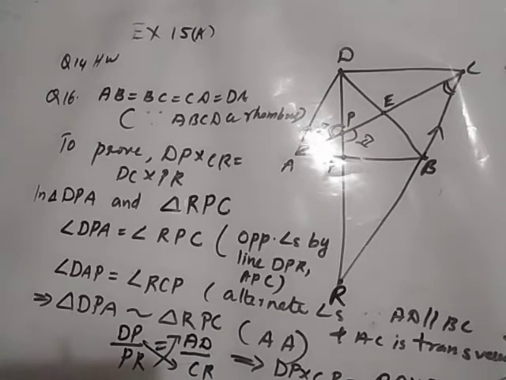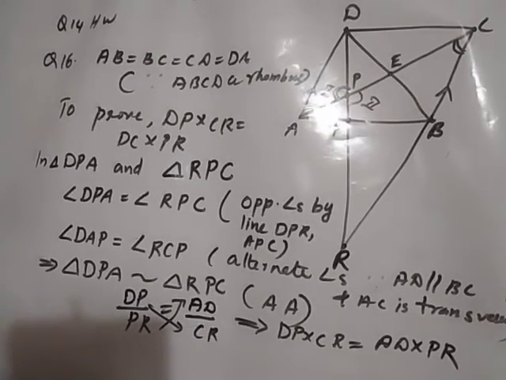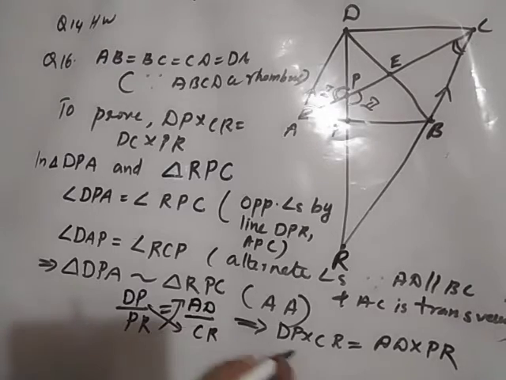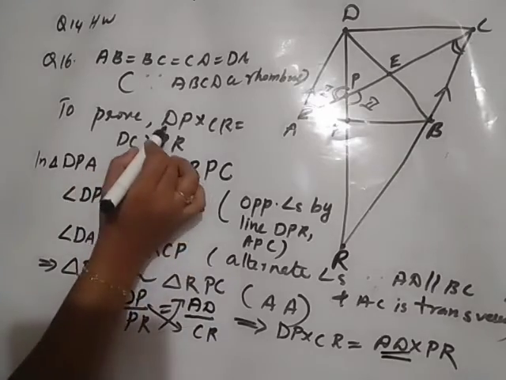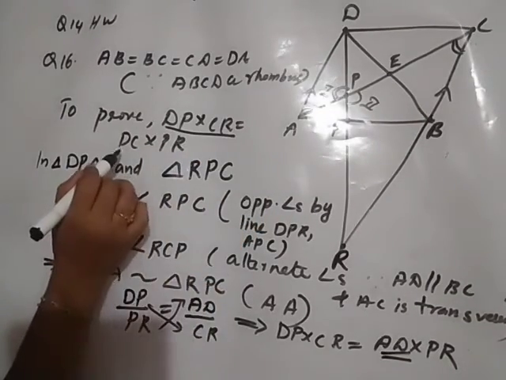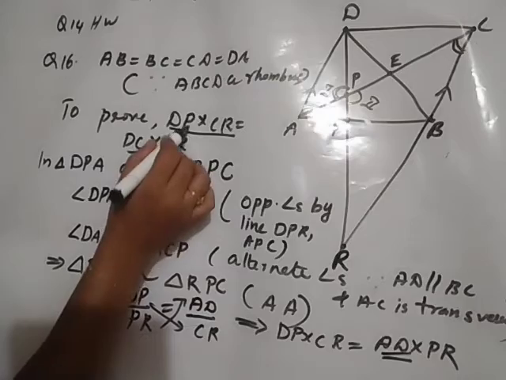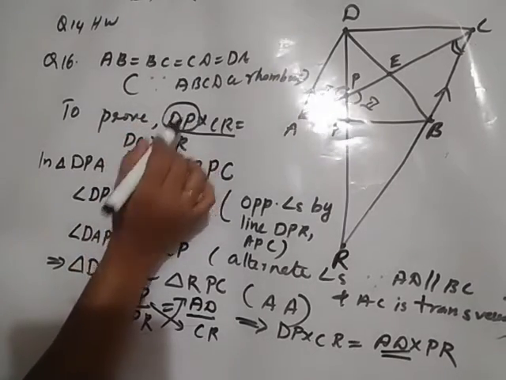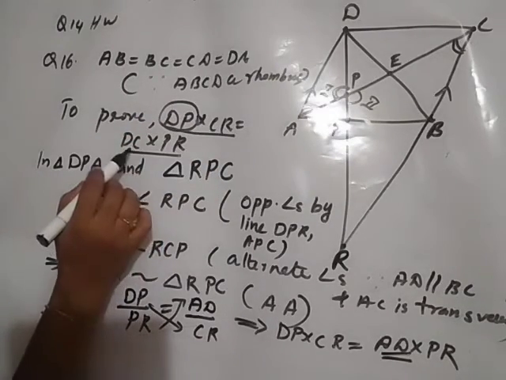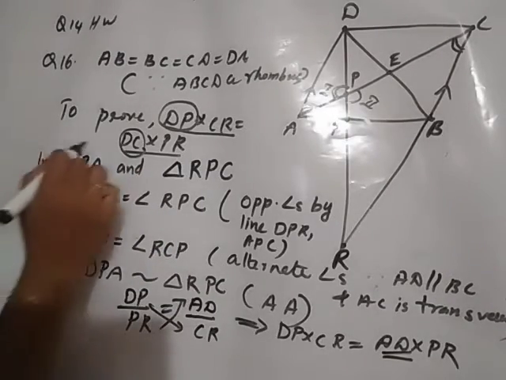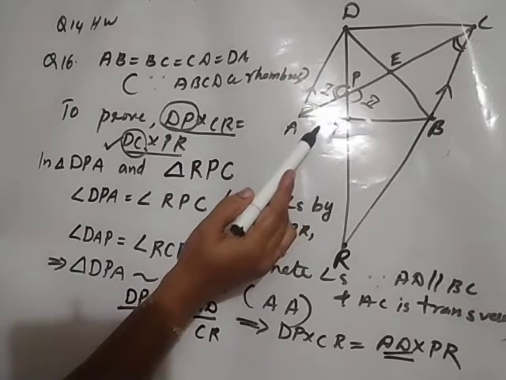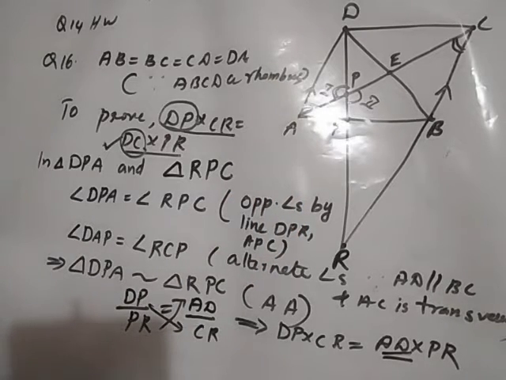But in our question, no AD is given. What is given in this proof? DP into CR equal DC into PR. What about this length DC? In this diagram you can see it's a rhombus, so we can replace CD as AD, AB or BC.